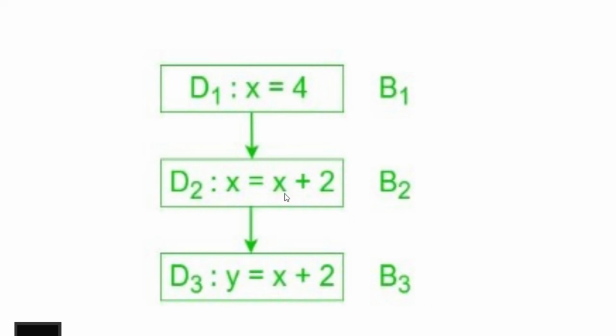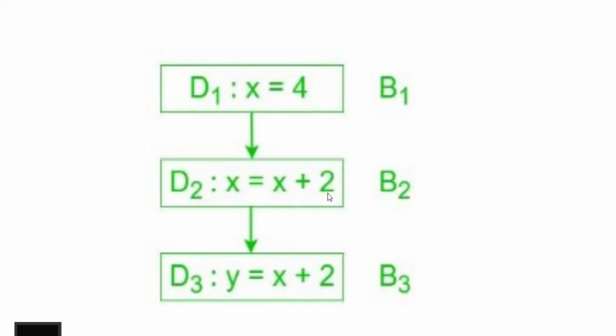But it is not a reaching definition for D3 because here the value of x is changed. The value of D1 is killed in block B2 because the value of x is changed here. What is the value of x in D1? It is 4. Now 4 is used in B2, 4 plus 2 is equal to 6.